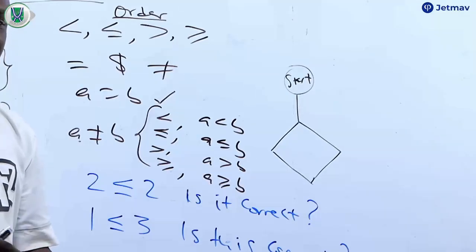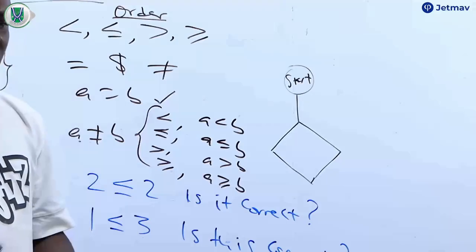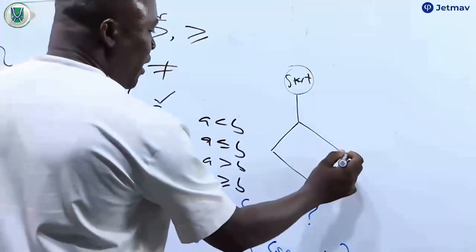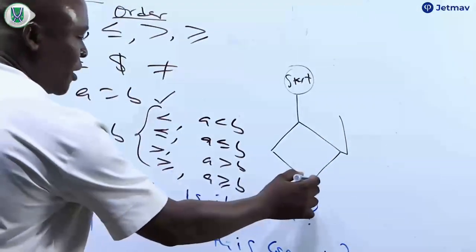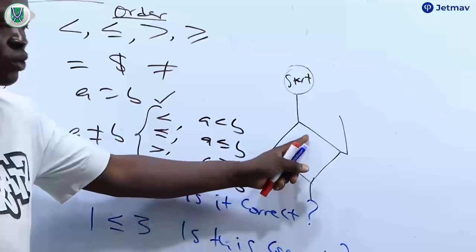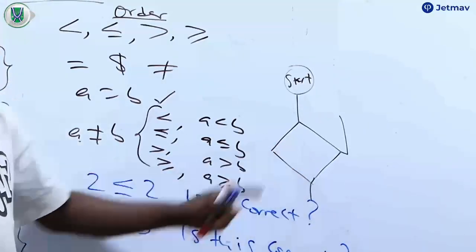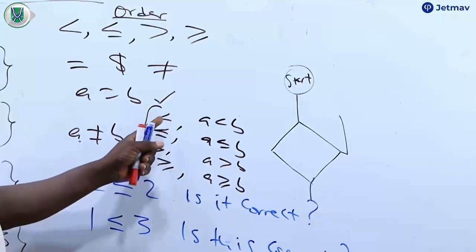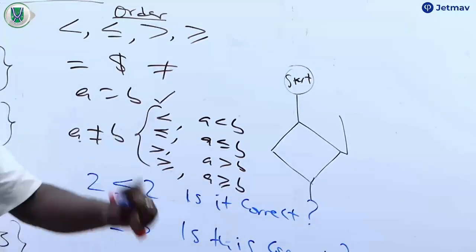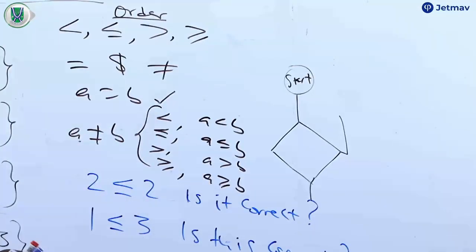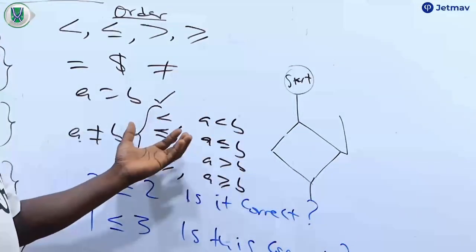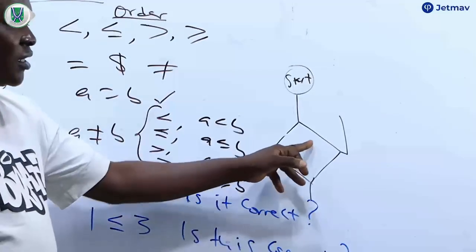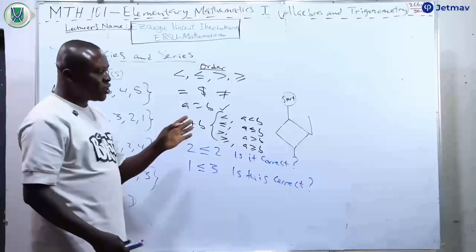A variable could be A, B, C, D, but a number could be 1, 2, 3. So if you enter a variable while you are meant to enter a number, it will loop you back. If you enter the correct number, it will take you down. Such logical reasoning questions are extracted from this. It could mean if it is less than this, if it is not this, if it is meant to be this, if it is nearly this, approximately this. Such logic could be taken from the basis of this before you advance it. And that is the decision here. So that is under programming.